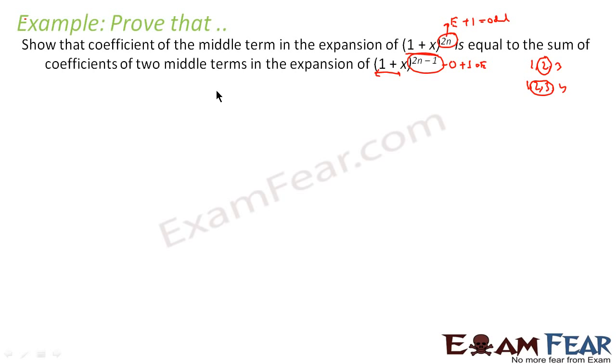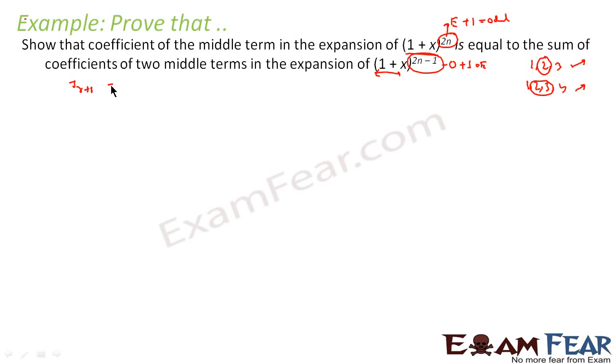Now we are told that the middle term in the first expansion should be equal to the sum of the two middle terms in the second expansion. So let's first find t r plus 1 for the first expansion.